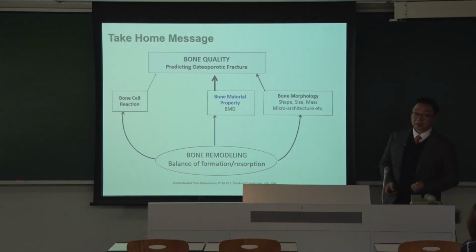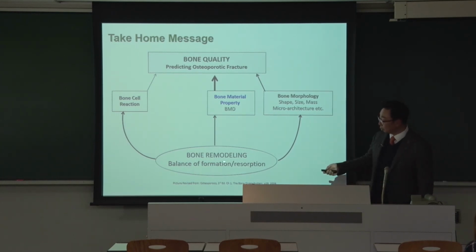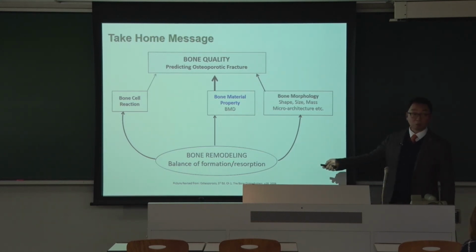So this is the take-home message. Bone quality, some of you probably heard, this is my last slide. The definition of bone quality is actually predicting osteoporotic fractures. We can approach it like a bone remodeling, a balance of formation and resorption. We can work on the cellular level, or we can use the morphology like micro CT or pQCT.